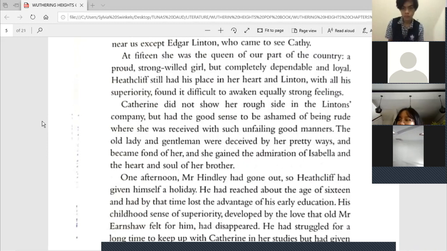The old lady and gentleman were deceived by her pretty ways and became fond of her, and she gained the admiration of Isabella and the heart and soul of her brother.